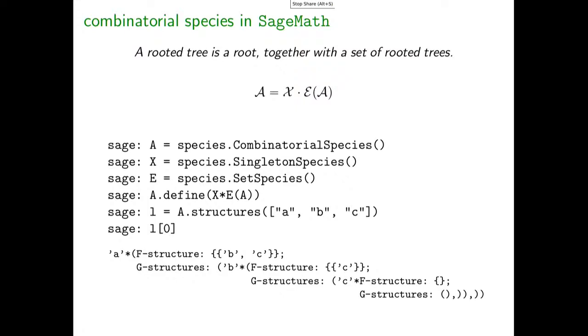So one takeaway is if you have a very combinatorial object, something which you can express as a species, you can actually generate them in a very easy way. This is not efficient, of course, but it's efficient on your time, because it's just 4 lines of code.